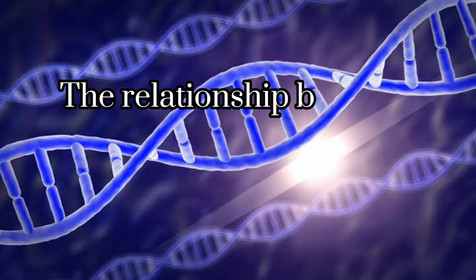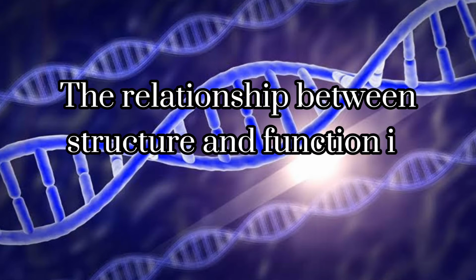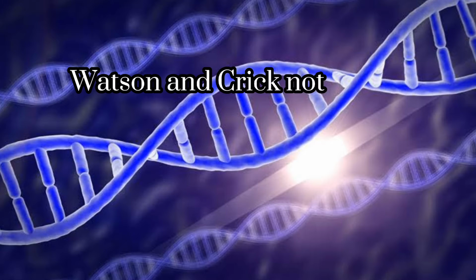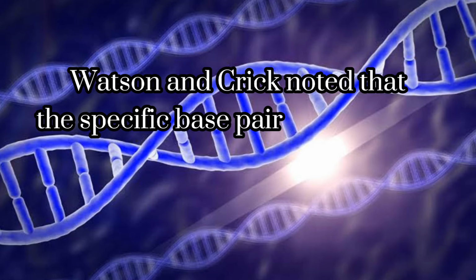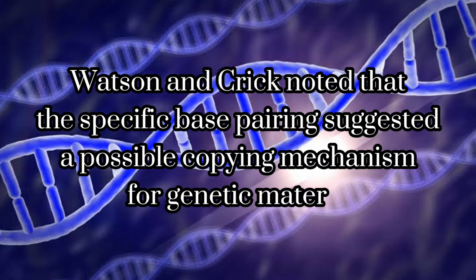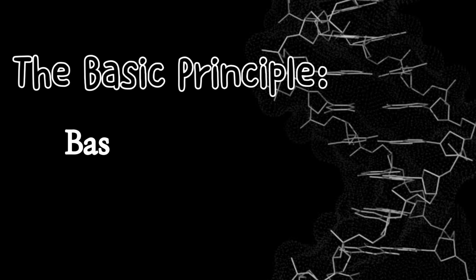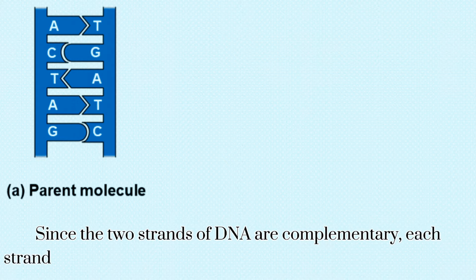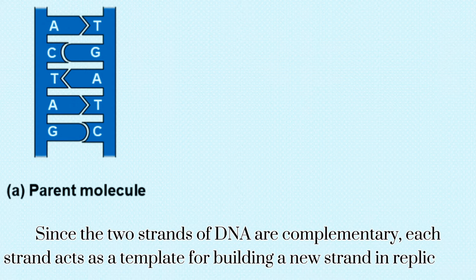The relationship between structure and function is manifest in the double helix. Watson and Crick noted that the specific base pairing suggested a possible copying mechanism for genetic material. Since the two strands of DNA are complementary, each strand acts as a template for building a new strand in replication.